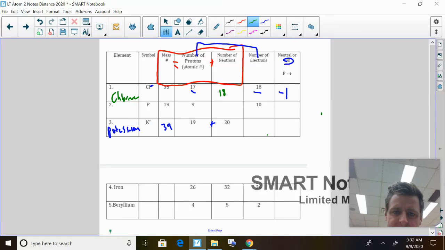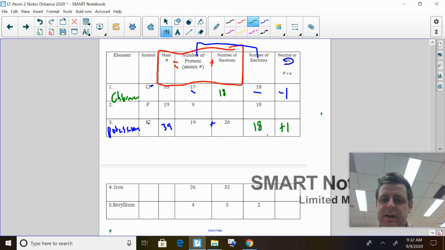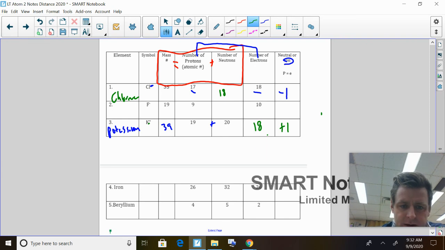So then what I have to know in my head is I just kind of go to the electrons and say, well, I'll have 18 negatives. That'll give me 1 positive left over for a +1. A rule of thumb, just kind of help yourself. Whatever the symbol is, do opposite to the electrons, if that makes sense. So, okay, well, it's supposed to have 19, but it's a positive, so I'm going to take away 1. Alrighty, so there you go.